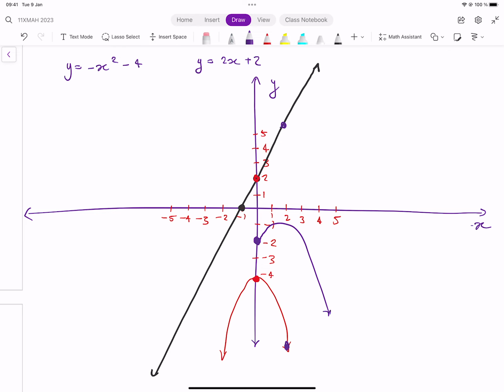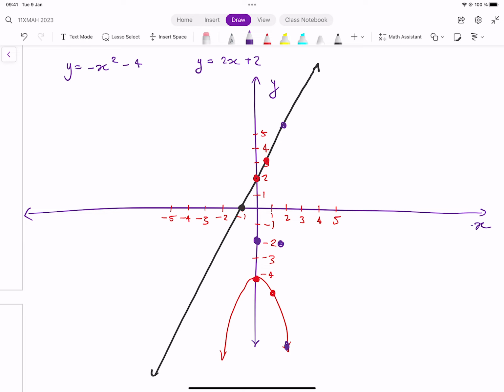I reckon that's what's going to happen. So again, we can add points if we want to, but this one's a bit difficult because the parabola is decreasing so fast. So if we get this point 3, and then we add, say, -5, well, 3 minus 5 is -2, so it's going to be about here.